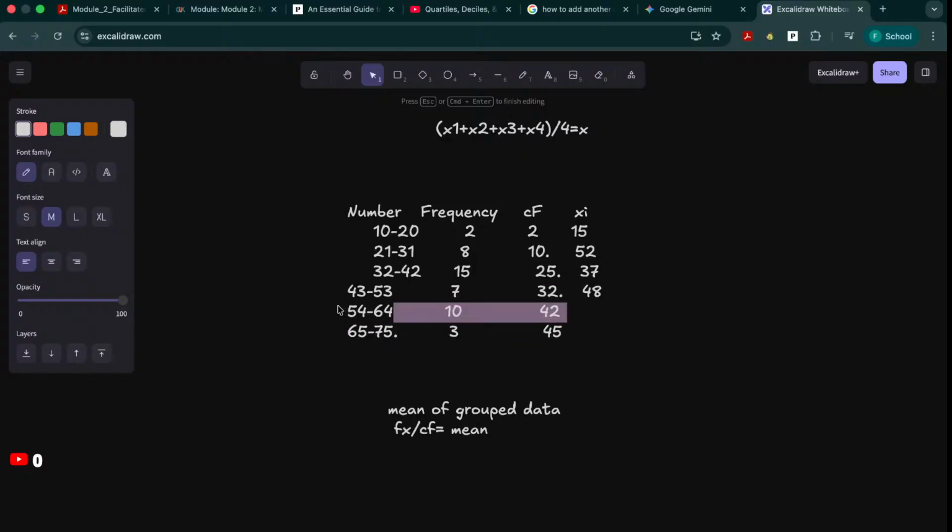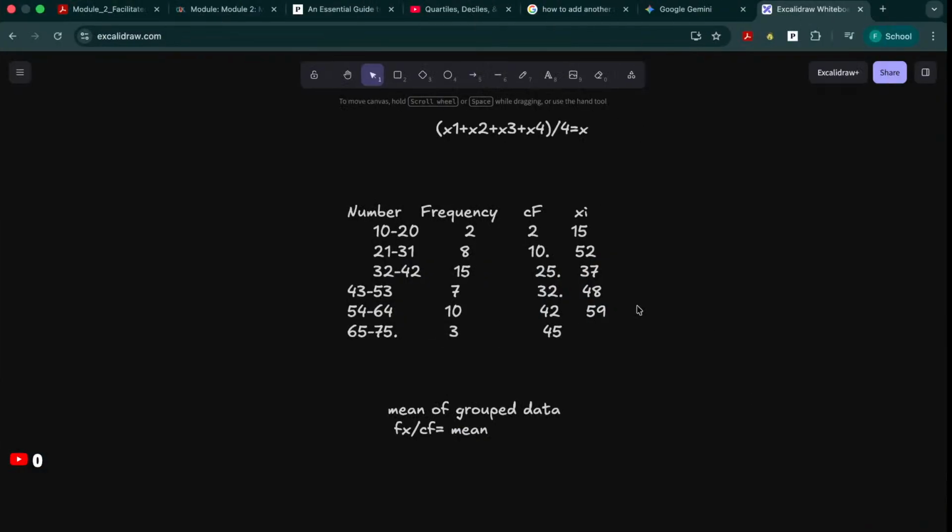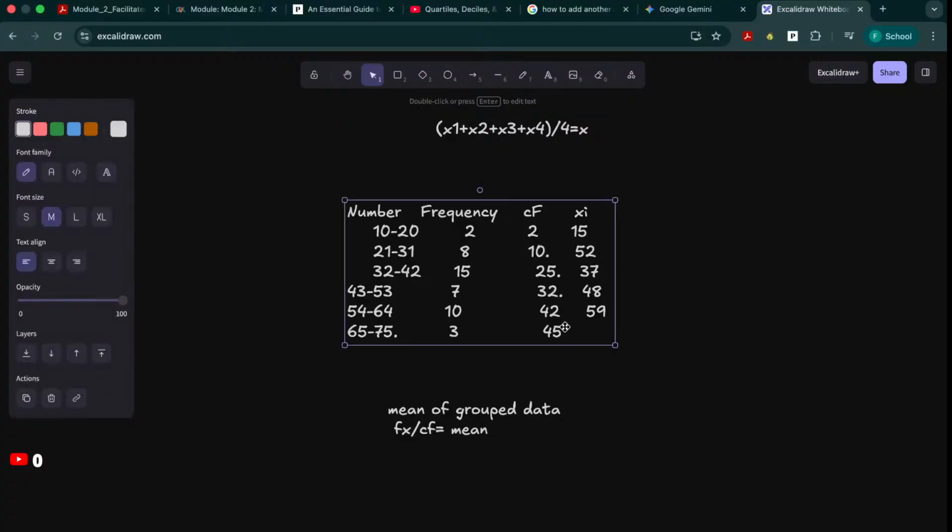Then 54 plus 64 gives us 118. 118 divided by 2 gives us 59. Then 65 plus 75, we get 140 divided by 2, we get 70.